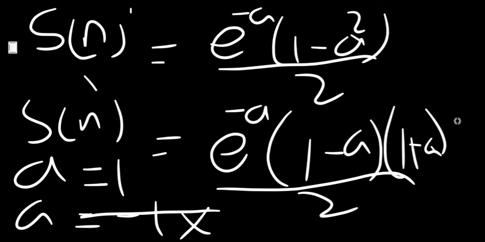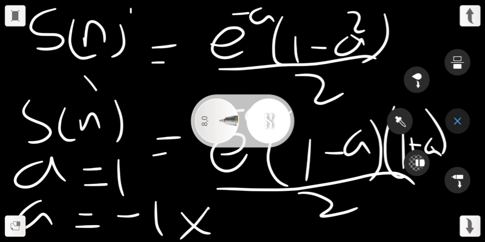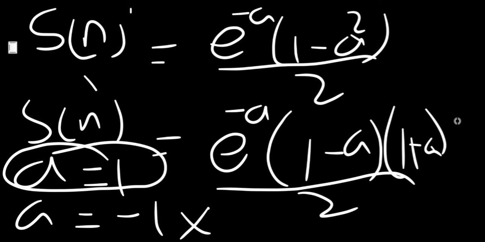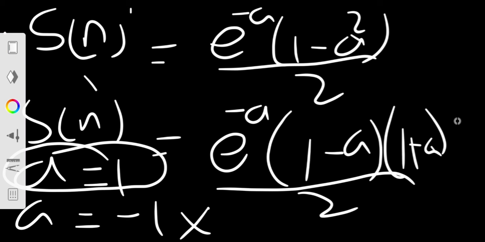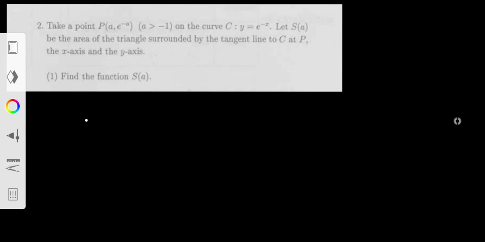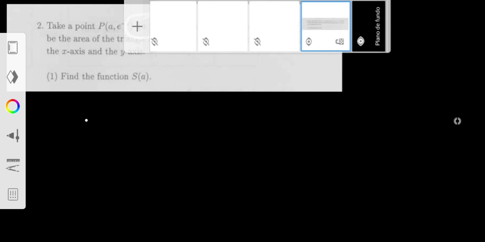This one cannot be. Why? Because in the question he's telling you that a is bigger than minus 1. So the a we are choosing is a equal to 1.